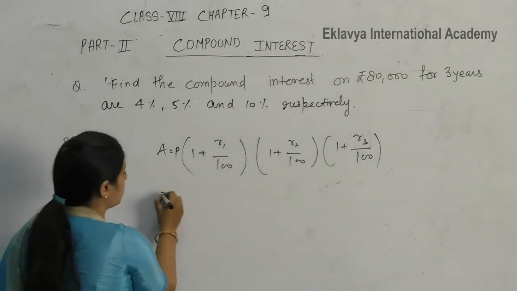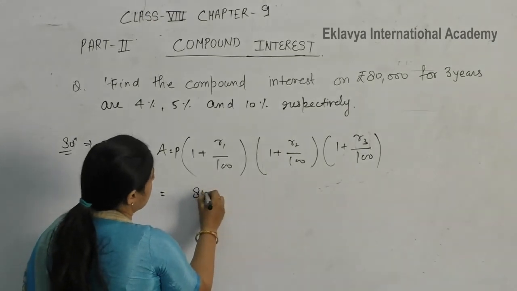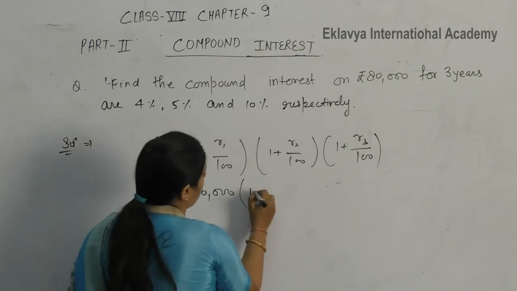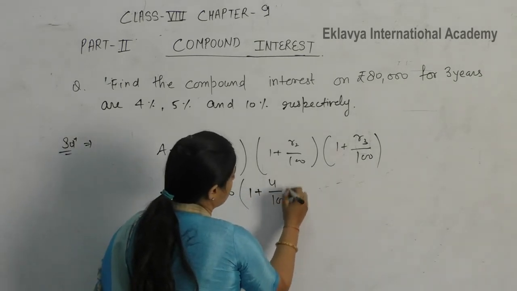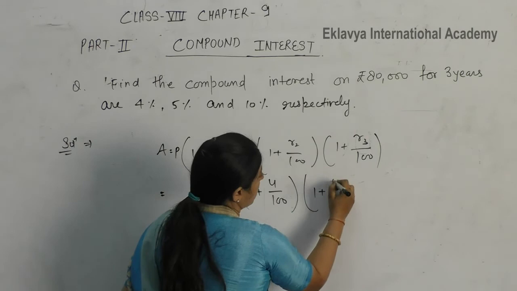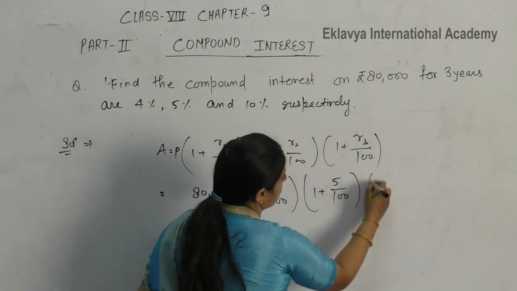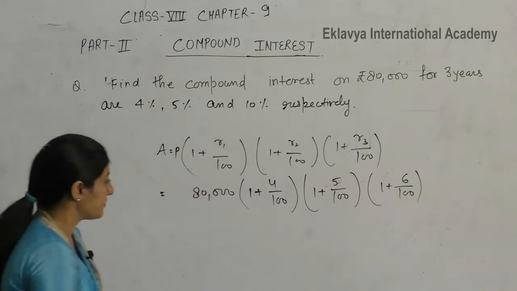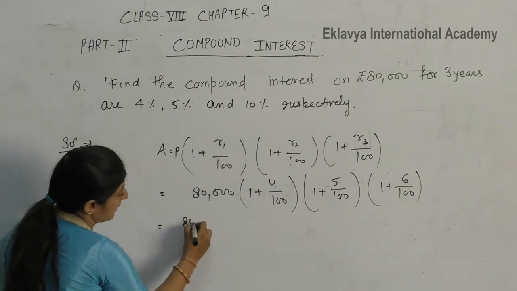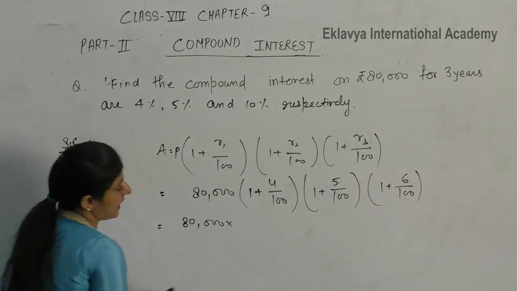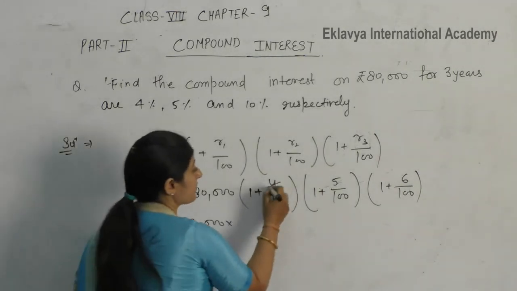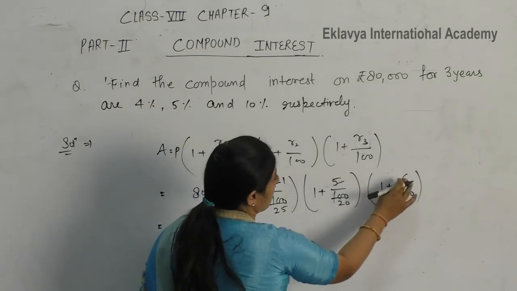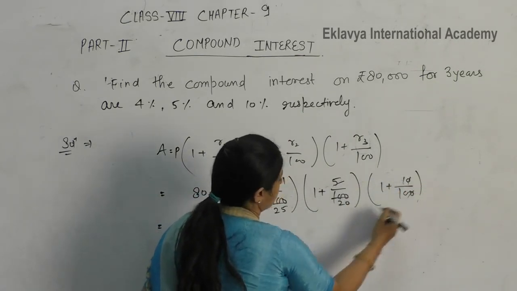Now solve it. Principal is 80,000 multiplied by (1 plus 4 upon 100), (1 plus 5 upon 100), (1 plus 10 upon 100). Sorry, the last one is 10, not 6.